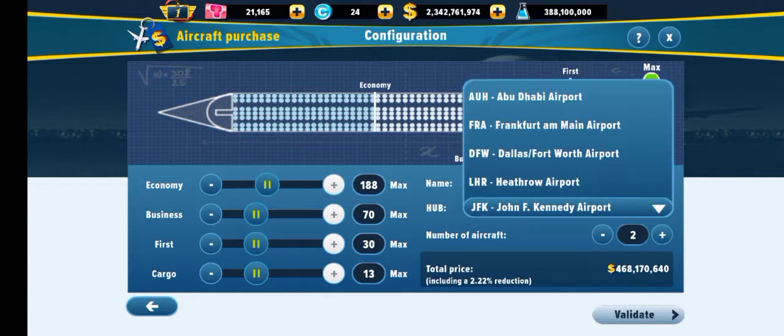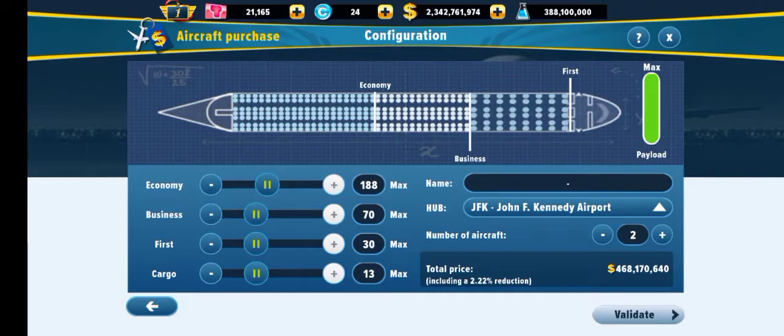I am going to be sending these to JFK, which is my newest hub that I've bought, and so I'll be purchasing these 2 aircrafts for now.